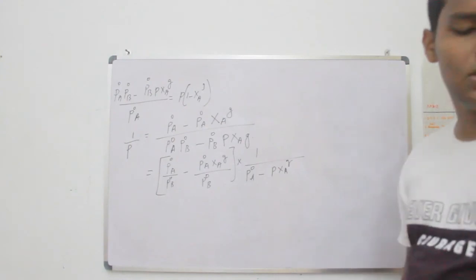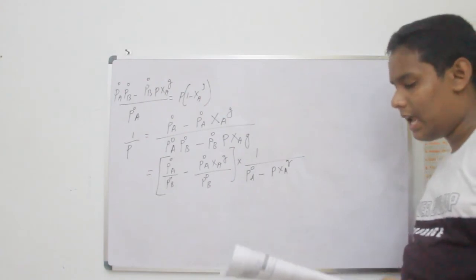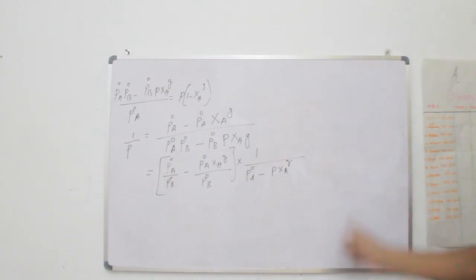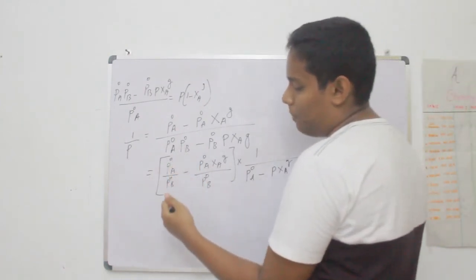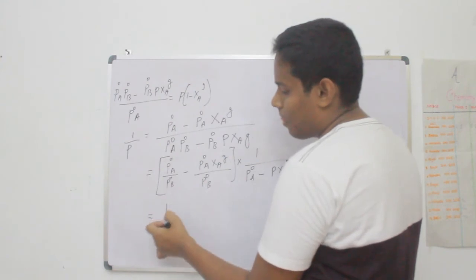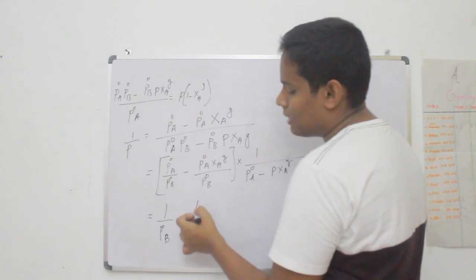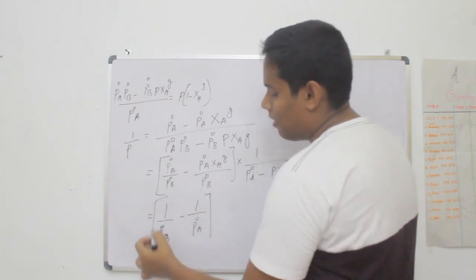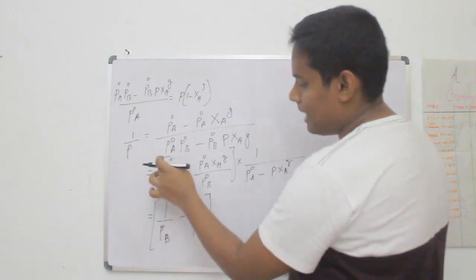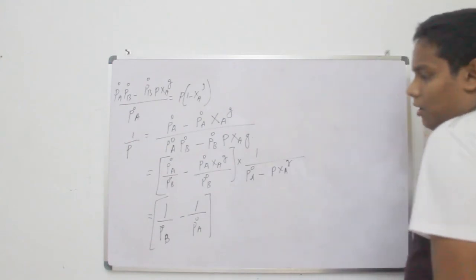Now look at the answers that are given. We had to try to get 1 over P0 A minus 1 over P0 B from this entire equation. 1 over P0 B minus 1 over P0 A, I'm just taking 1 over P0 B and taking the other side up and down.